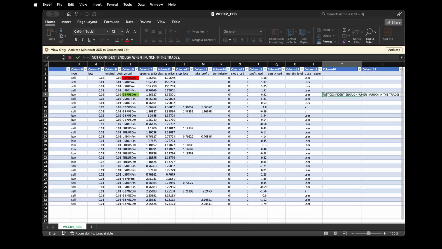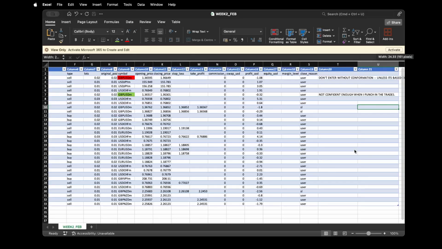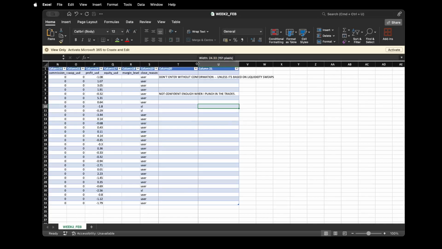Believing in your setup is one thing, and again, don't enter without confirmation, unless it's based on liquidity sweeps. That is what I learned from this.